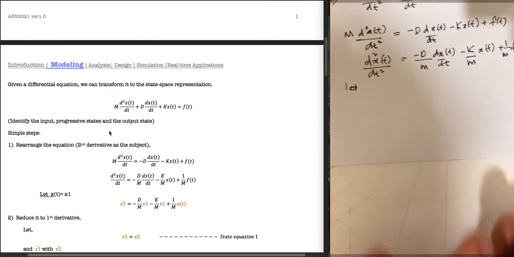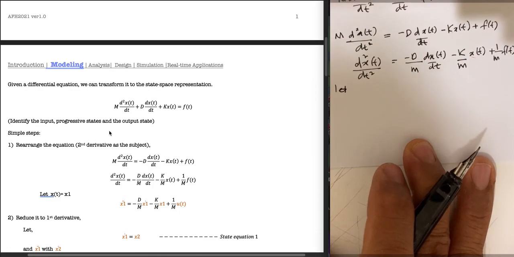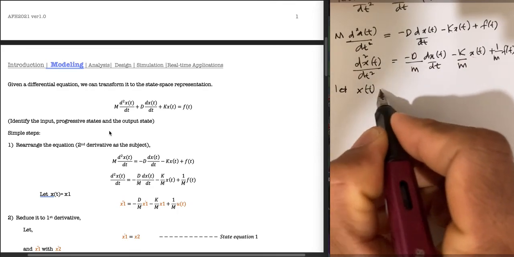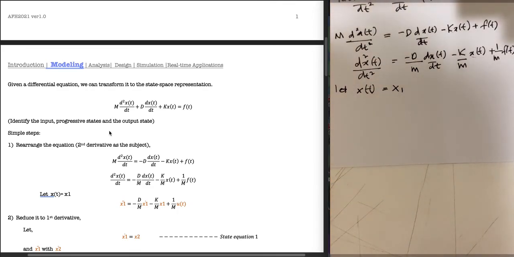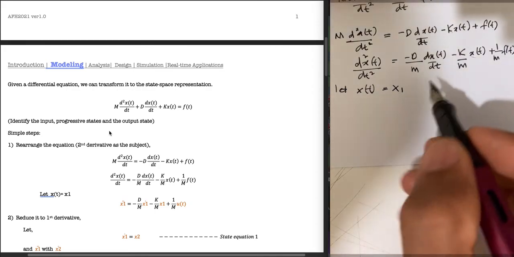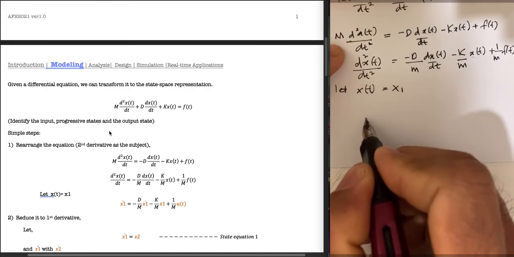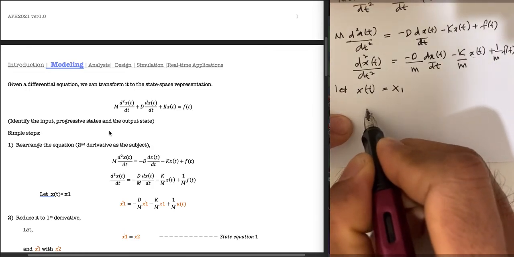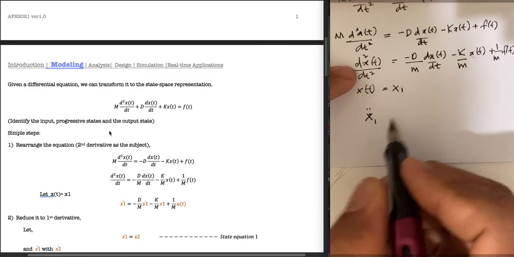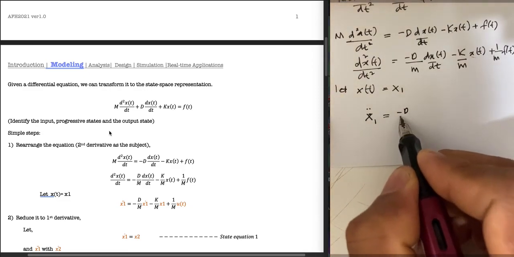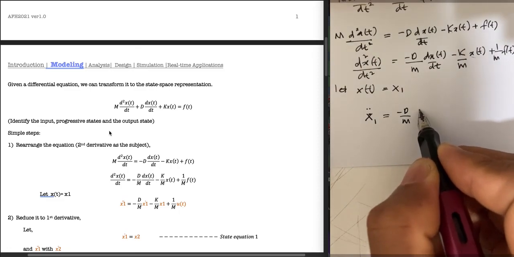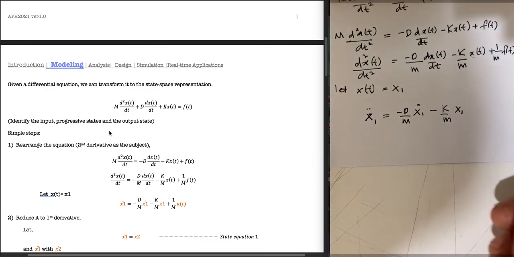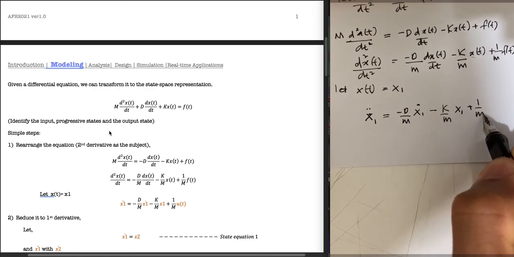Now let x of t equal x1. Then x1 double dot equals minus d over m x1 dot minus k over m x1 plus 1 over m f of t.